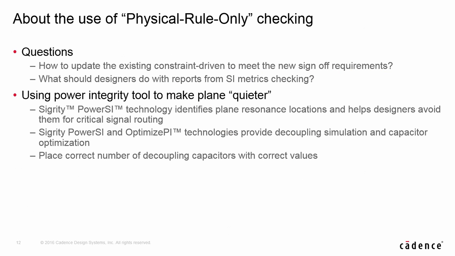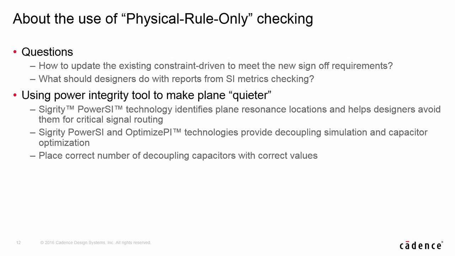The remaining question now is whether the constraint-driven flow will still be valid. What should the designers do with the checking result from SI matrix? We should remember the goal of any design checking is to use other, more detailed simulation tools to evaluate the severity of the problem found and for designers to decide if any modification is needed. With power-aware checking, the goal is the same.